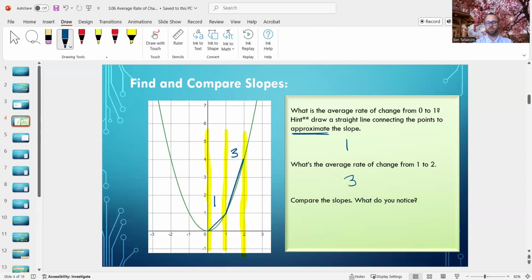Well, hopefully you notice, first and foremost, they're both positive and they're different, right? They're a little different. And when do they become different? Well, it seems like the further we get away from the vertex, the more different they become and the more steep the line becomes.